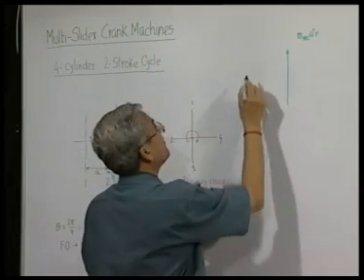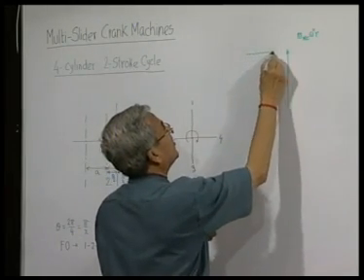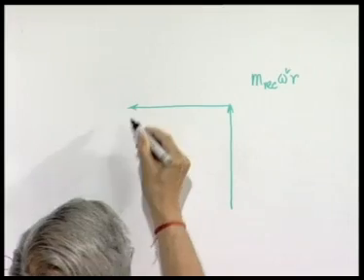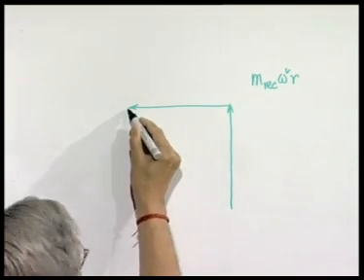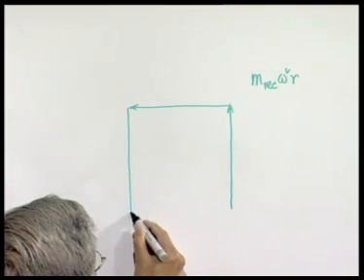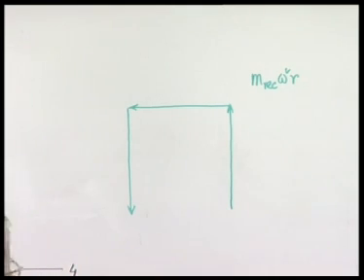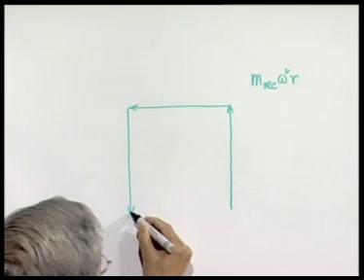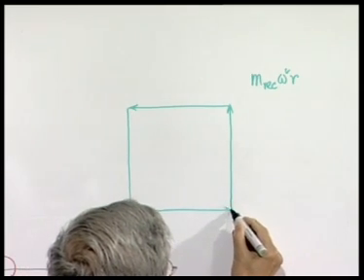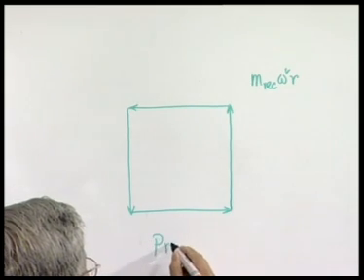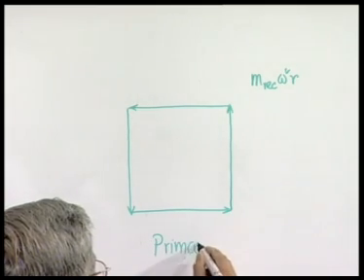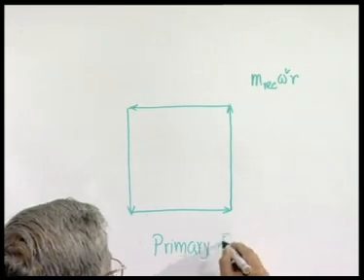So, for cylinder number 2, the unbalanced force produced is this of same magnitude at 90 degrees. The centrifugal force produced by the third cylinder with that mass here will be this, and by the fourth cylinder will be this, and so therefore, we call it primary force diagram.